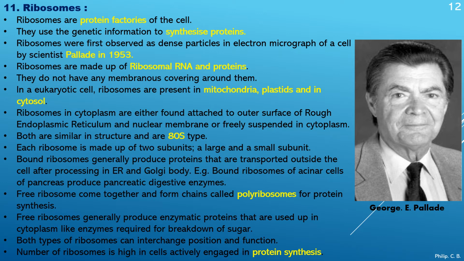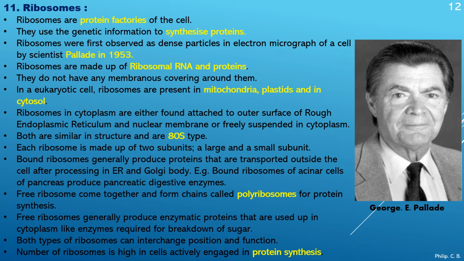Free ribosomes come together and form chains called polyribosomes for protein synthesis. Even this we can see in the further slide in the animation images which I put in this video. Free ribosomes generally produce enzymatic proteins that are used in cytoplasm, like enzymes required for breakdown of sugar.